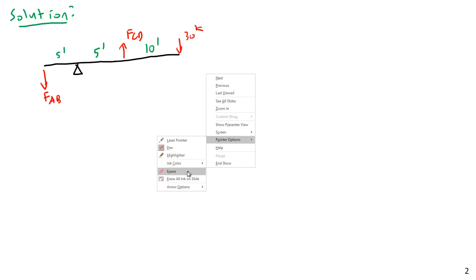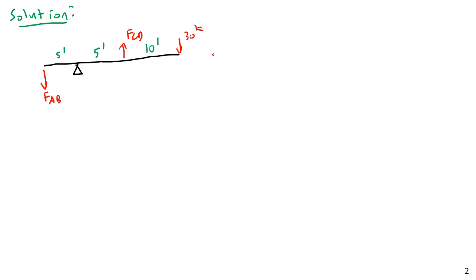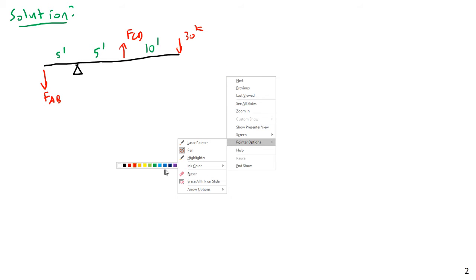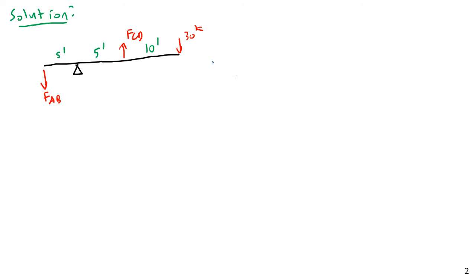So I'm going to do a balance of moments about F. I like writing these in blue, so I'm going to do that. The summation of moments about F is equal to 0.